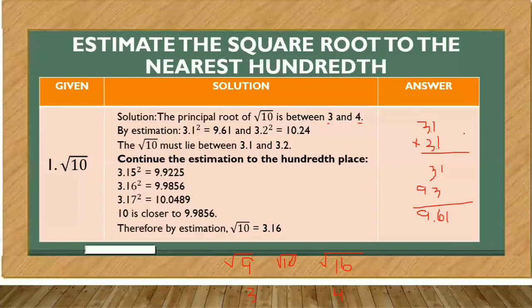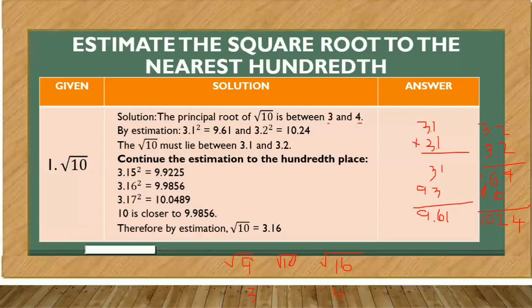And then, try naman natin si 3.2. 3.2 times 3.2. Right? So, 2 times 2, 4. 2 times 3, 6. 3 times 2, 6. Then, 3 times 3, 9. Then, add. 4, 12, 1, and 10.